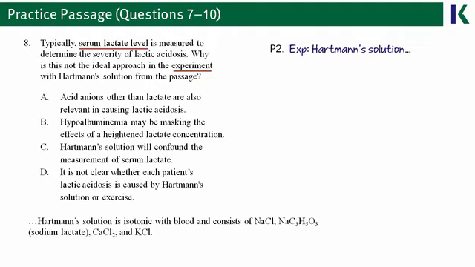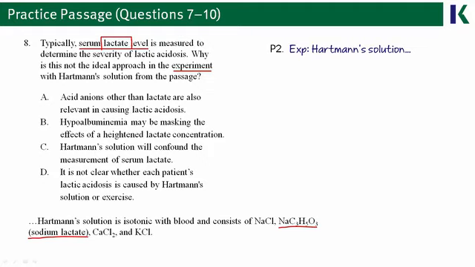And, well, look at that. Hartmann's solution includes this crazy looking molecule, which you might not know the name of unless you look at the parentheses right after it, where we find that it's called sodium lactate. That lactate, the second half of sodium lactate, is the same lactate that we usually use to measure lactic acidosis.